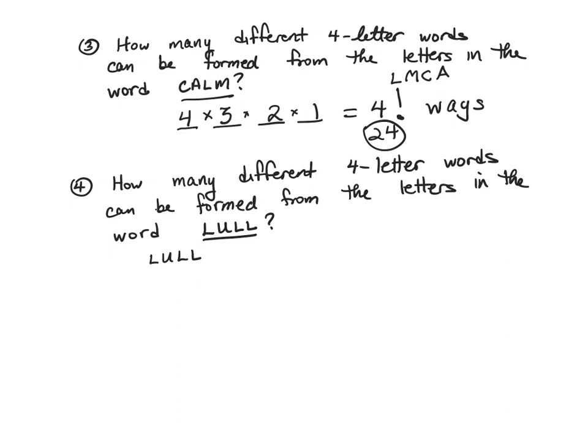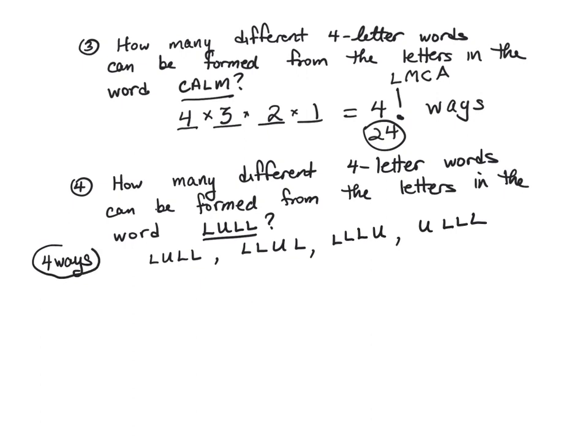We could have L-L-U-L, and L-L-L-U, and finally the last one would be U-L-L-L. And I think that's it. Those are the words, so to speak, that we would get. But notice that because the L's are alike, it doesn't matter where we put them. And our answer is 4 ways.